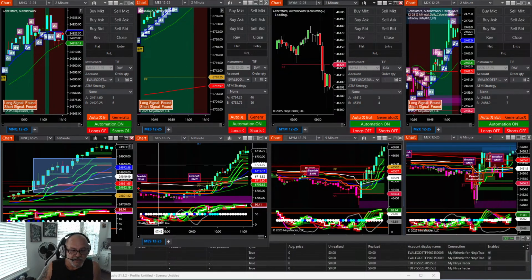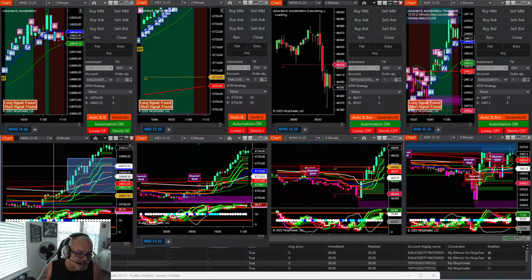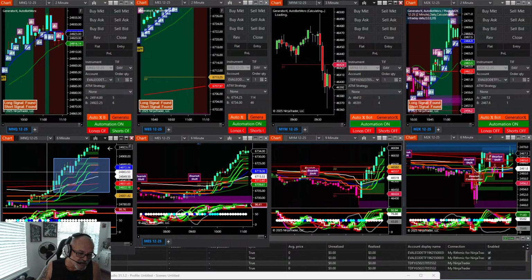So I really don't want to be taking any longs right now. The market's been nice and strong from the open. We've had our one pullback into this fair value gap, and then got our push up again. And we've had three good pushes up on the higher time frame chart. So I'm not really interested in taking any longs.